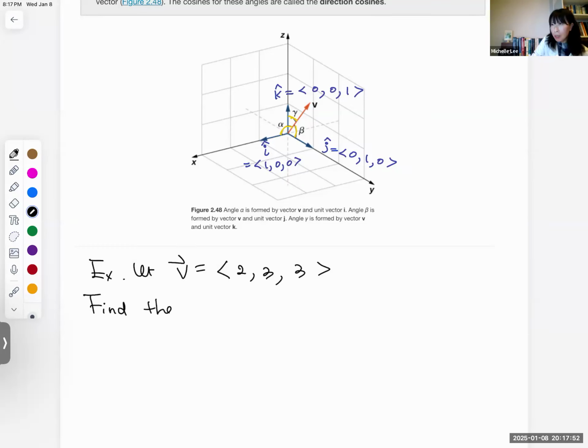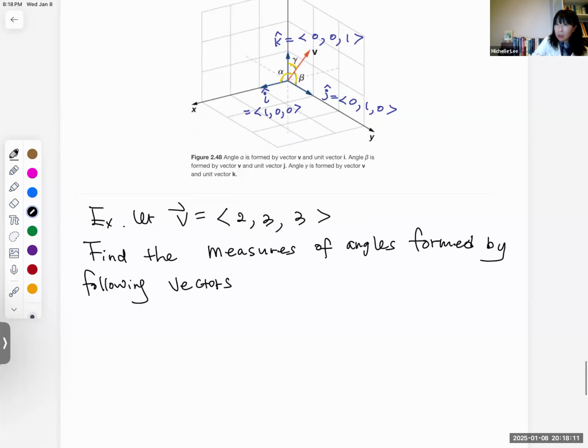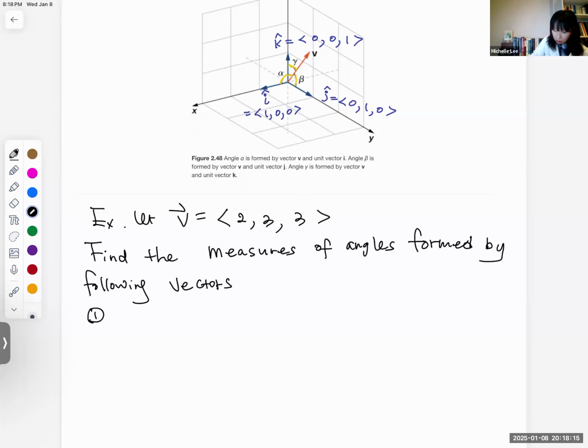Find the measure of the angles formed by the following vectors. The first one, number one, V and i.